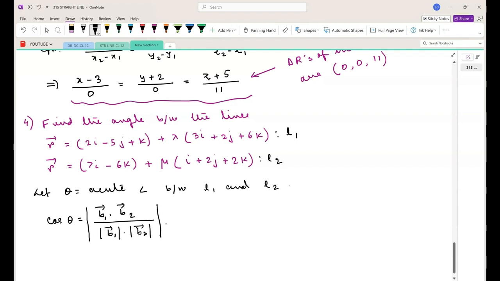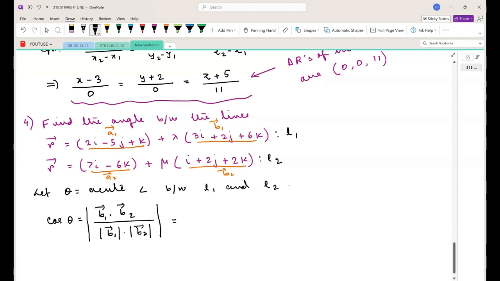Now if you look at the data, the equation of L1, this is my A1 and this is my B1, in the r equal to A plus lambda B form. Similarly, this one is my A2, position vector of this point, and this is B2. So from here we know what our B1 and B2 are.